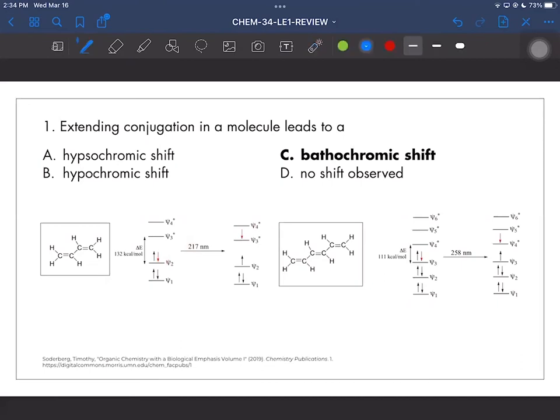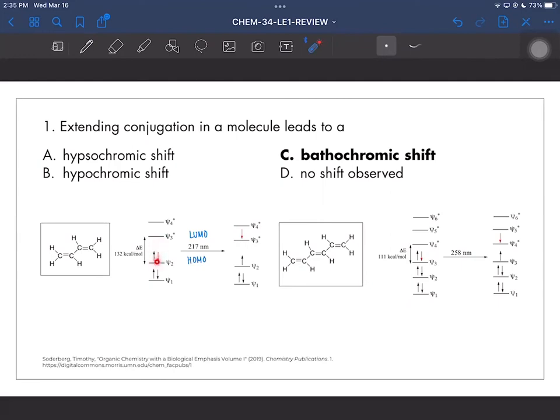So yung electron natin, we promote that electron from the HOMO, or the highest occupied molecular orbital, to the LUMO, which is the lowest unoccupied molecular orbital. And we get that energy from radiation.